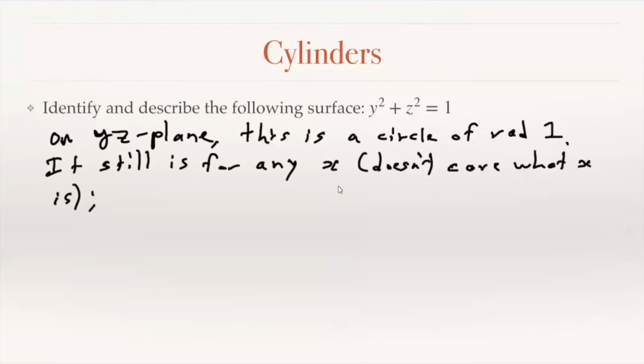And let me point out, the way to really think about this is for any x equals x naught, a constant. So imagine a constant x, then for that constant x value, this is a circle.